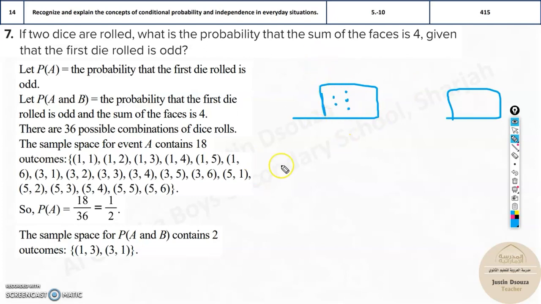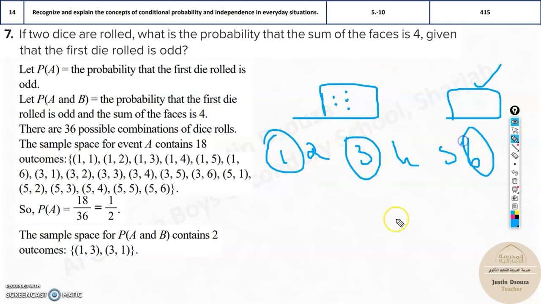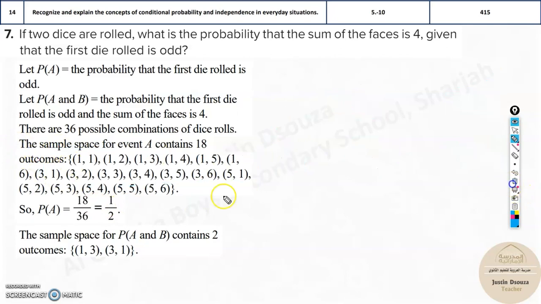Because the second can be anything, odd or even. You have totally 6 possibilities, 1, 2, 3, 4, 5, 6. You are just reducing it to odd numbers, 1, 3, 5. So it is half the possibilities. Instead of doing all this, you can do this table. They are basically telling you the first one is odd, second one can be anything.